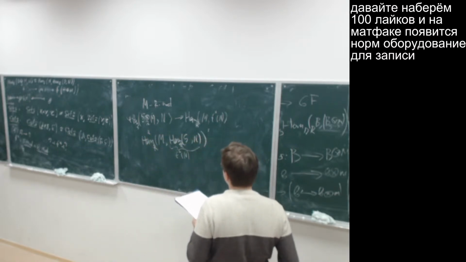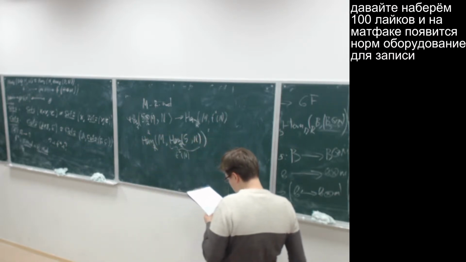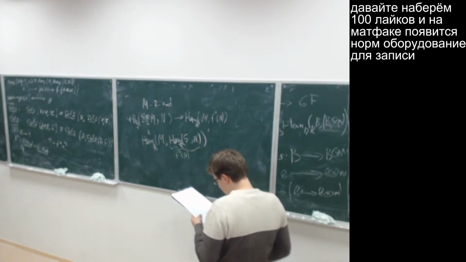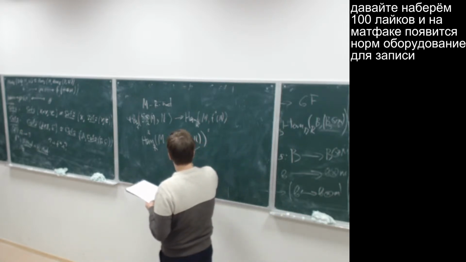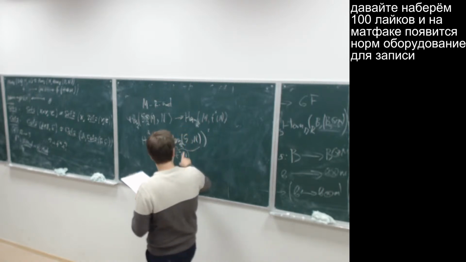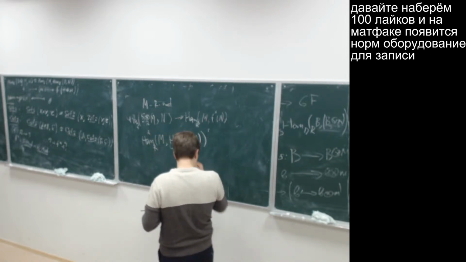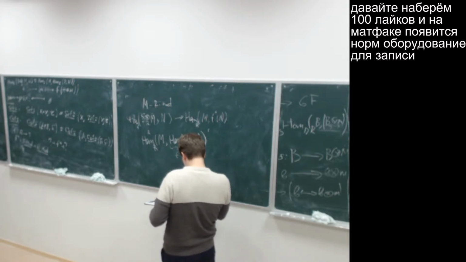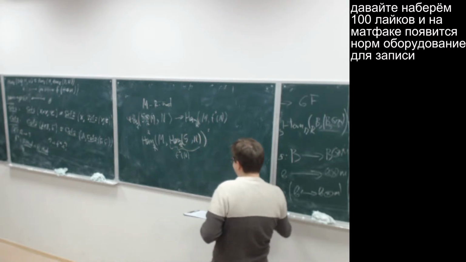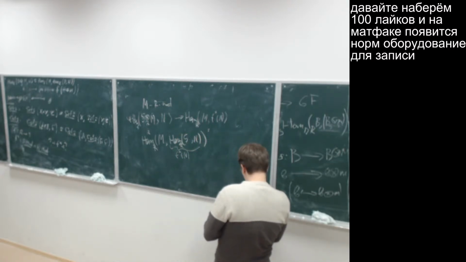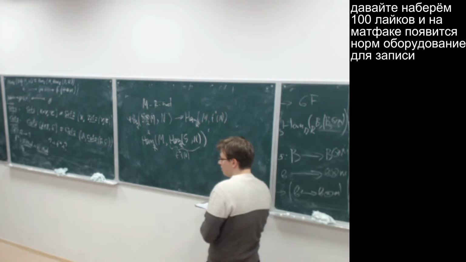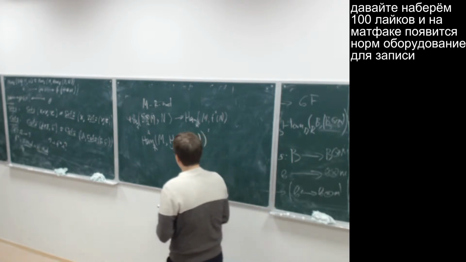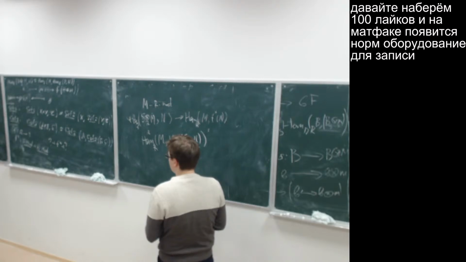Give me a second. So it takes an R module and makes it an S module. You can do this in two steps. What's Hom over S from S to N as an abelian group?